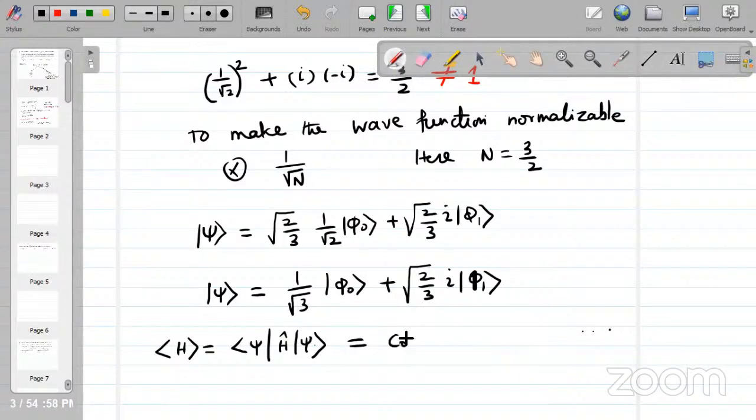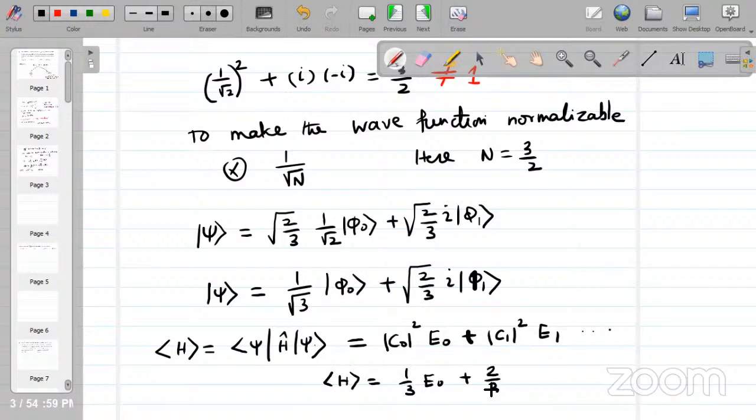So now you have C naught squared E naught plus C1 squared E1. That's only two states. So what is C naught? Here it is 1 by 3 E naught plus 2 by 3 E1.